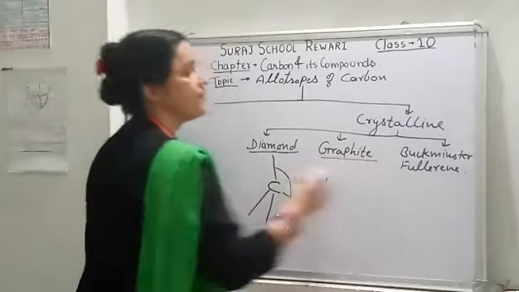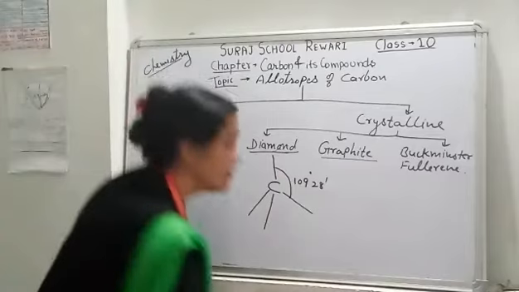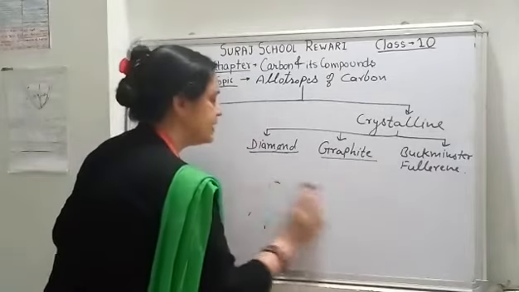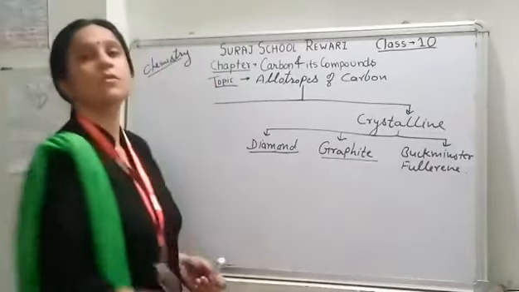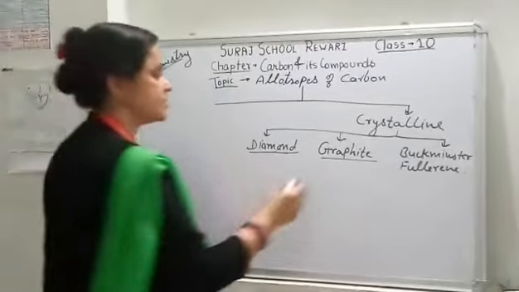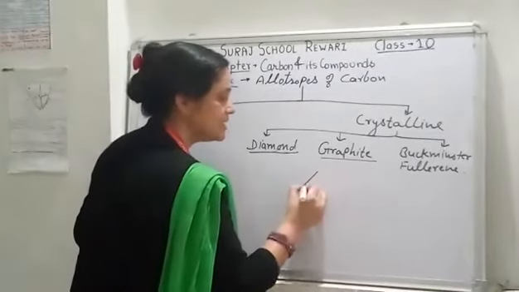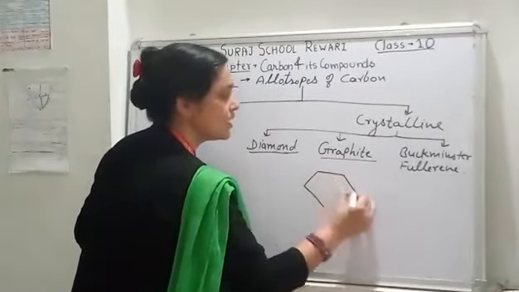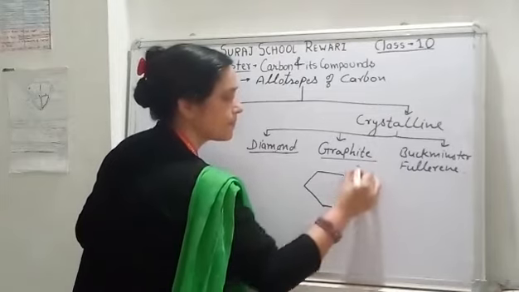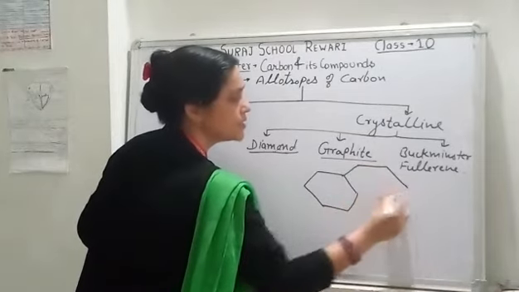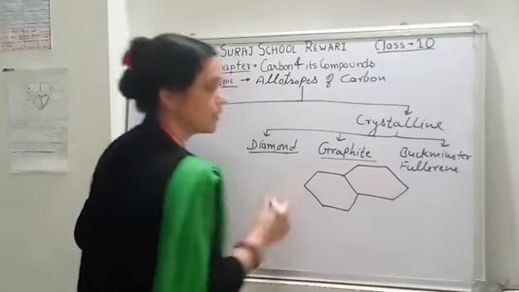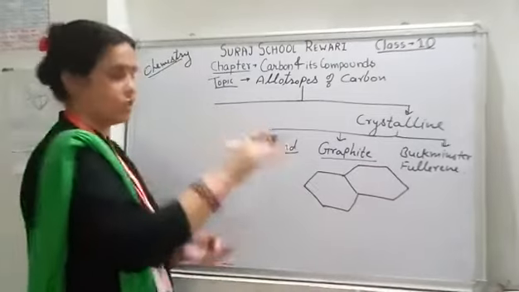Now, graphite. Graphite is the soft allotrope of carbon, in which carbon is arranged in hexagonal rings in a layered structure.